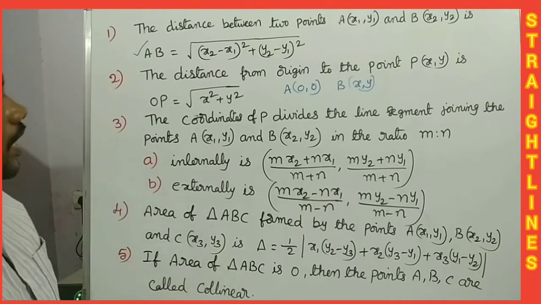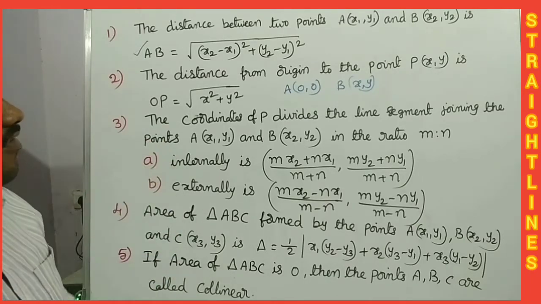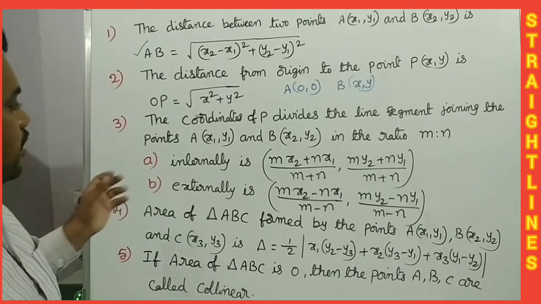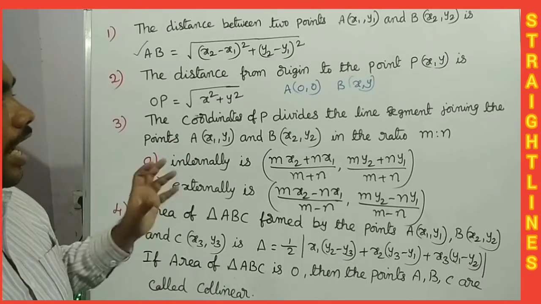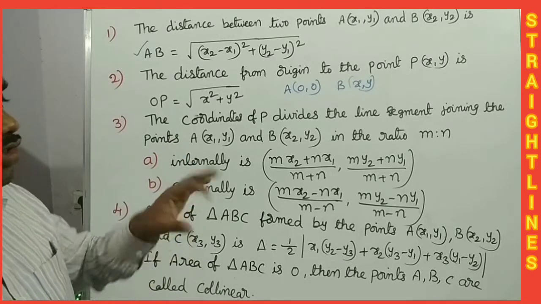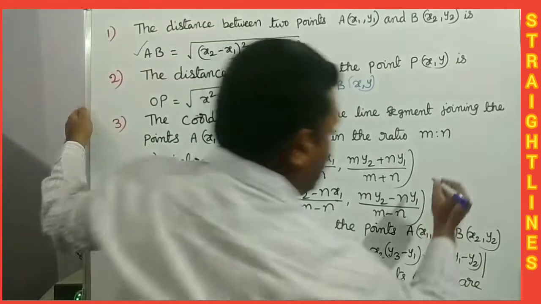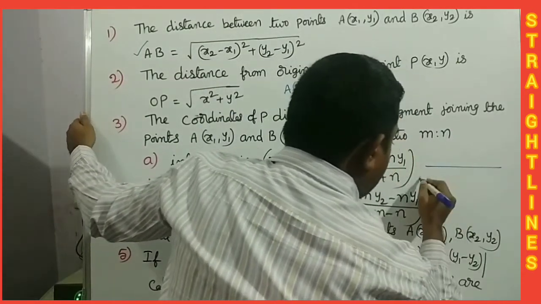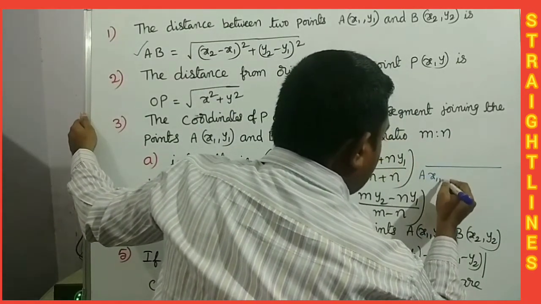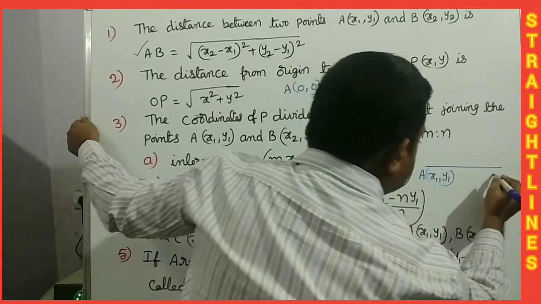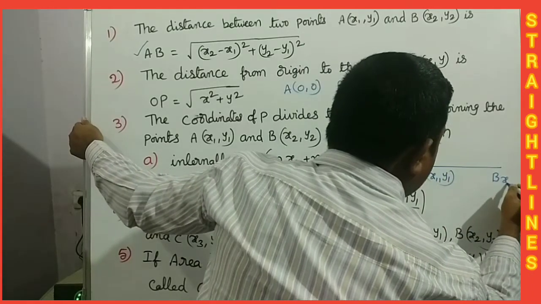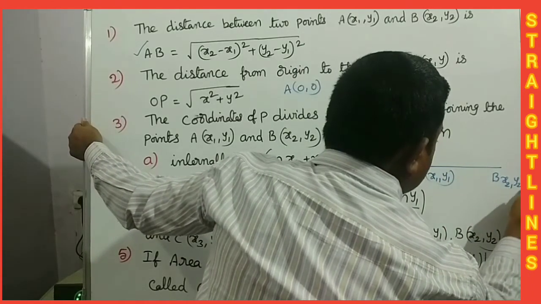Third, the coordinates of a point P that divides the line segment joining the points A(x1, y1) and B(x2, y2) in the ratio m:n. See here, this is point A (x1, y1) and this is point B (x2, y2).